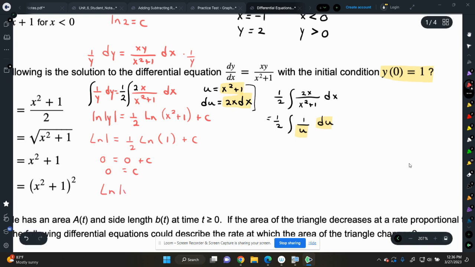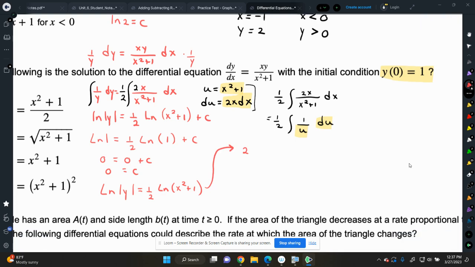Again, don't stop early. So we have the natural log of y equals 1/2 natural log of x squared plus 1 plus 0. But I haven't solved for y. Okay. Solving logarithmic equations. It's coming back to haunt you. Okay, we're going to multiply both sides by 2. Can't you just drop the natural log? We could actually, wait a minute. No, we can't drop them yet.